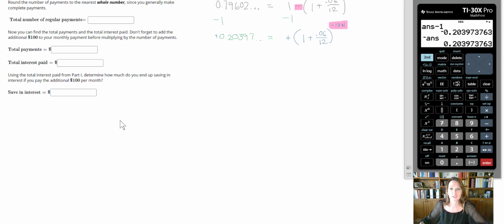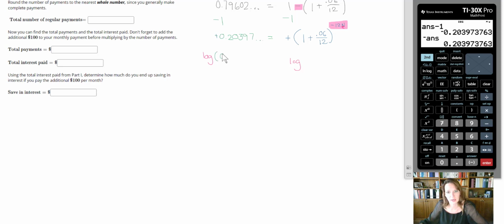So at this point we need to use our logarithm. Because n is a variable and it's in the power, the only way to bring it down and solve for it is to use a log. So we're going to take the log of both sides of my equation.